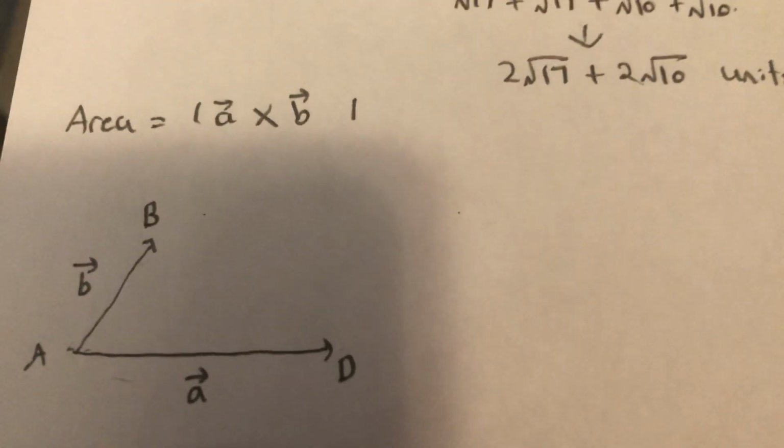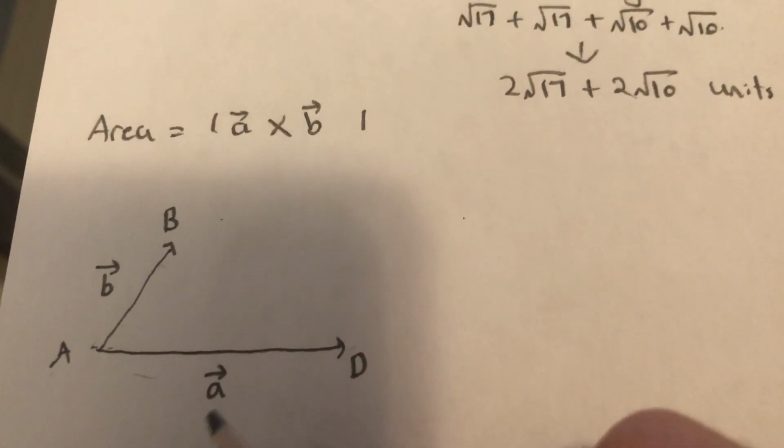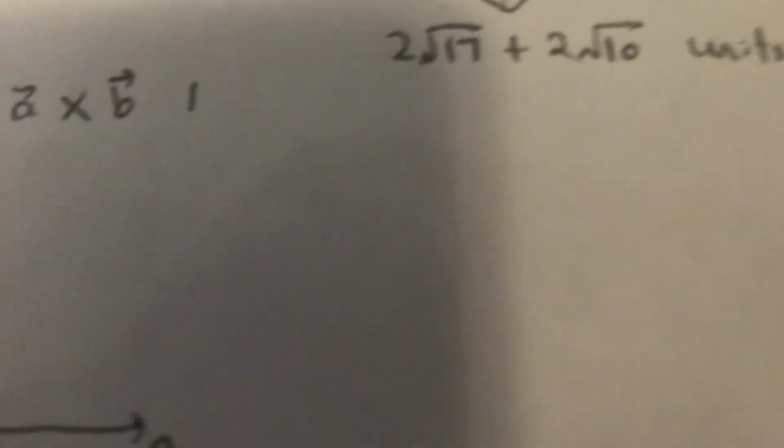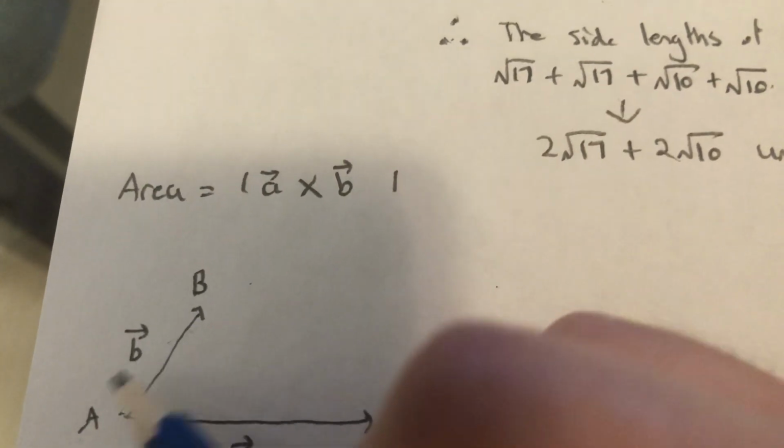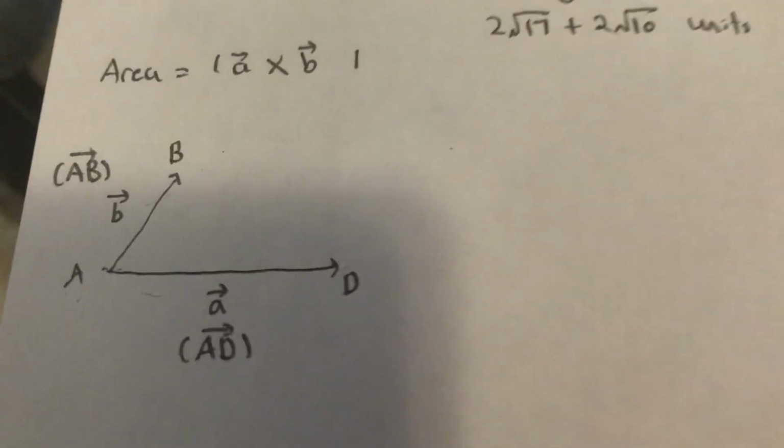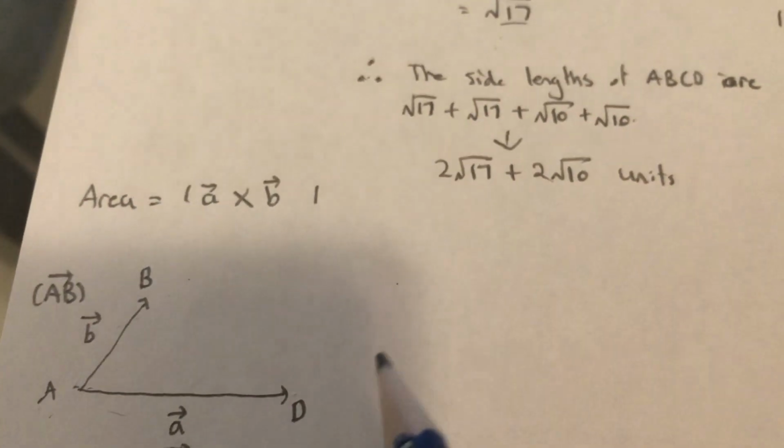So in our case, our vector A should be the vector AD, and our vector B should be vector AB. Now that we have that, we can solve for our area.